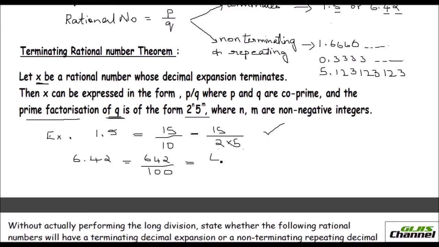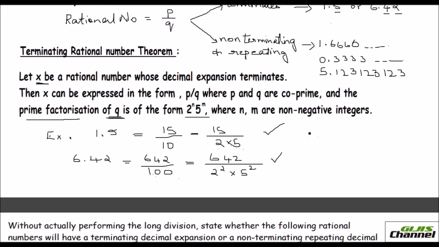Don't bother about the numerator. You don't do the long division or anything. Just find the factors of 100. That would be 2 squared times 5 squared, right? See? So this will be a product of powers of 2 and 5, okay? So this is also terminating.